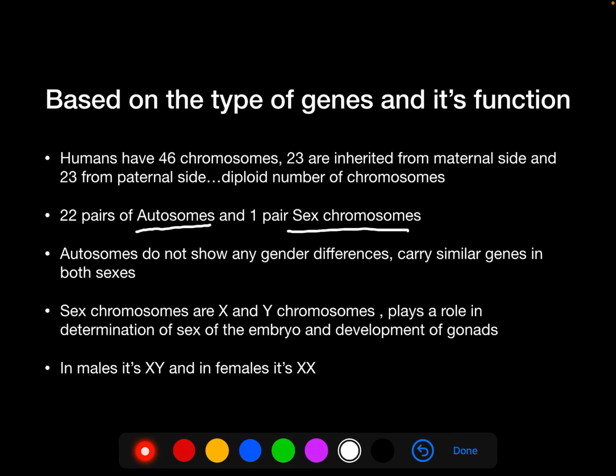The sex chromosomes are the X and Y chromosomes. They play a role in the determination of the sex of the embryo as well as the development of the gonads. That is why they are called sex chromosomes. In males it is XY and in females it is XX.